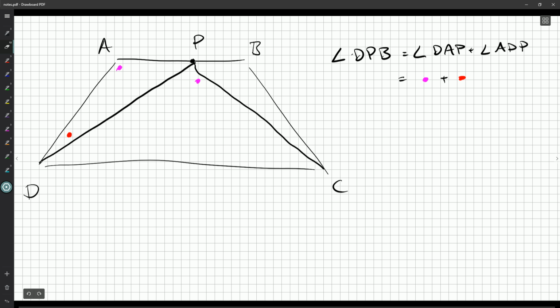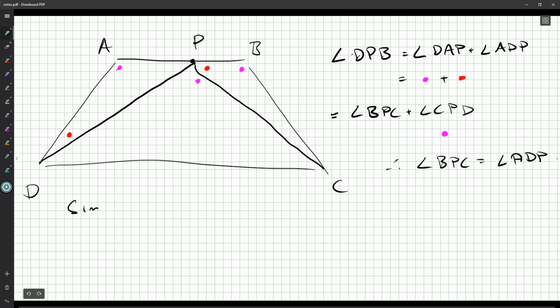I'm going to show it to you one more time. But it's also equal to angle BPC plus angle CPD, and this one here is a pink dot. So angle BPC must be equal to the red dot. That is to say, it's angle ADP. So that's why we get the red dot there.